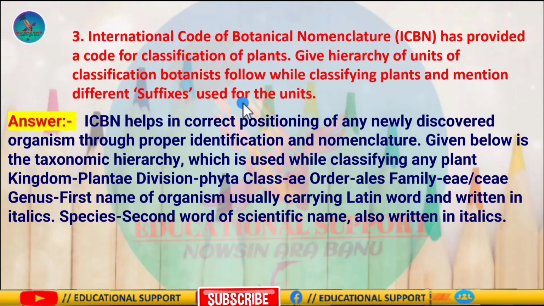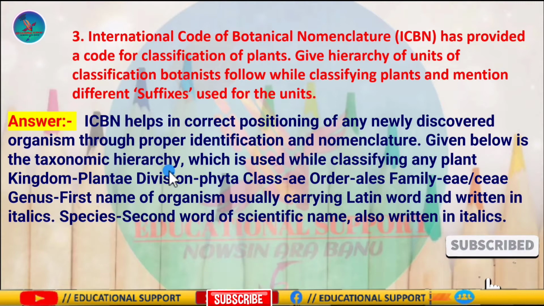You know that the full form of ICBN is International Code of Botanical Nomenclature. ICBN has specified certain rules and principles in order to facilitate the study of plants by botanists. Actually, it helps in correct positioning of any newly discovered organisms, through proper identification and nomenclature.